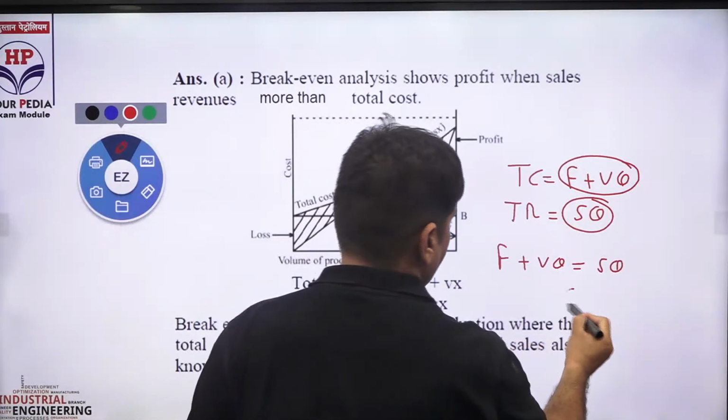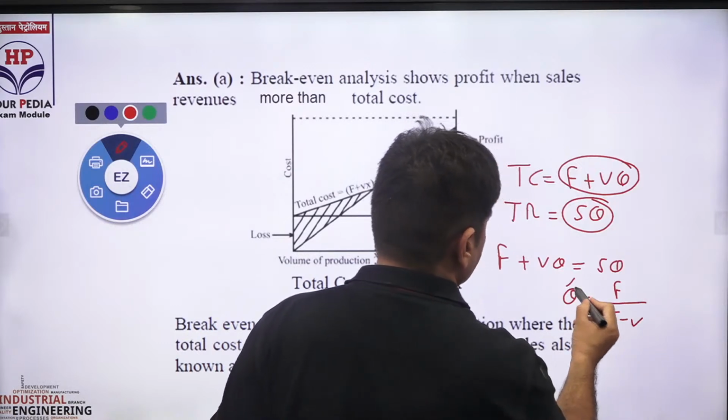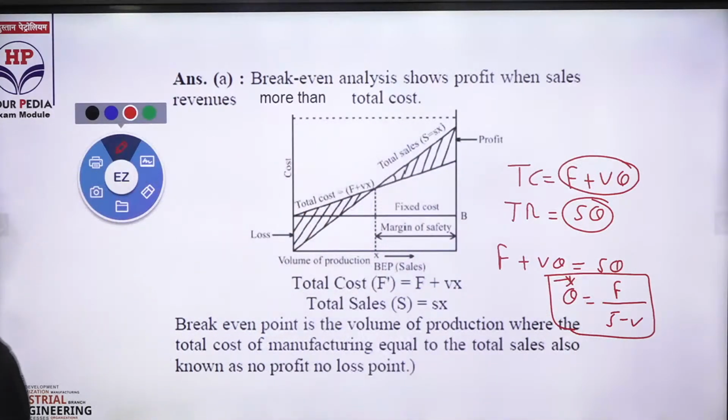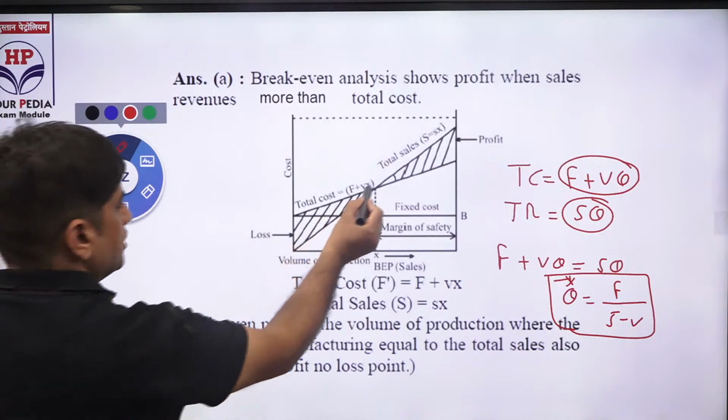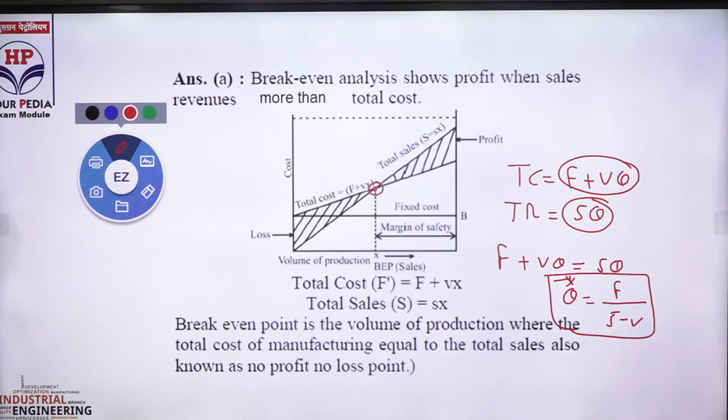So I find out q is equal to F over S minus V, and this q star is the break even point because there is no profit, because total sale is equal to total cost. That is how the break even point, or break even sale, is calculated.